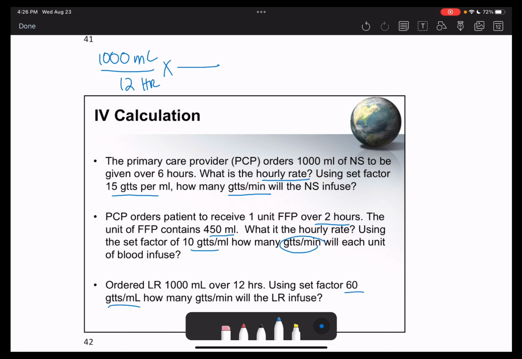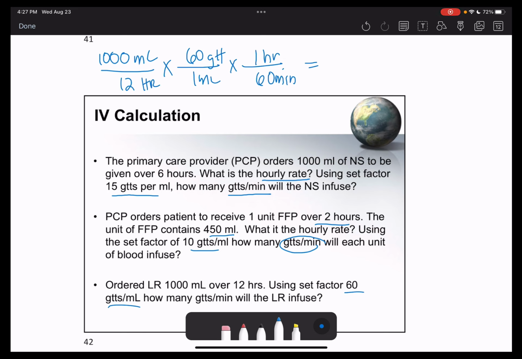Again, ml goes to the bottom to cancel that ml on top, right? So 1 ml for 60 drops, right? Then we have to convert the hour to minute. So in every hour, we have 60 minutes, right? So that's our conversion rate. Okay, and then again, multiply across.